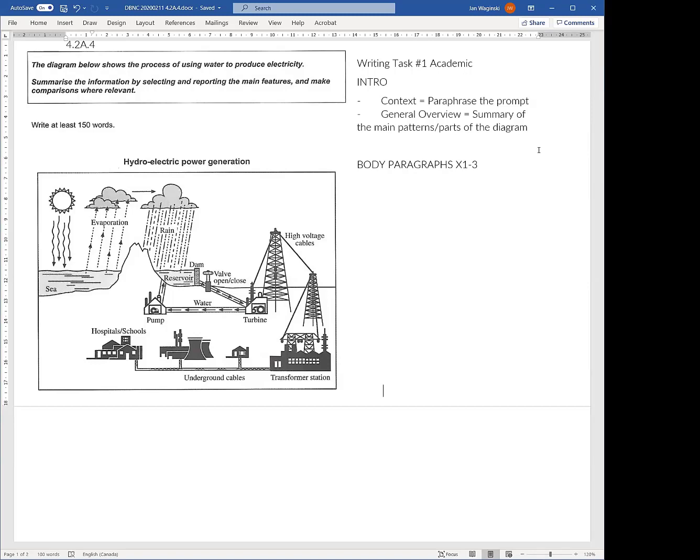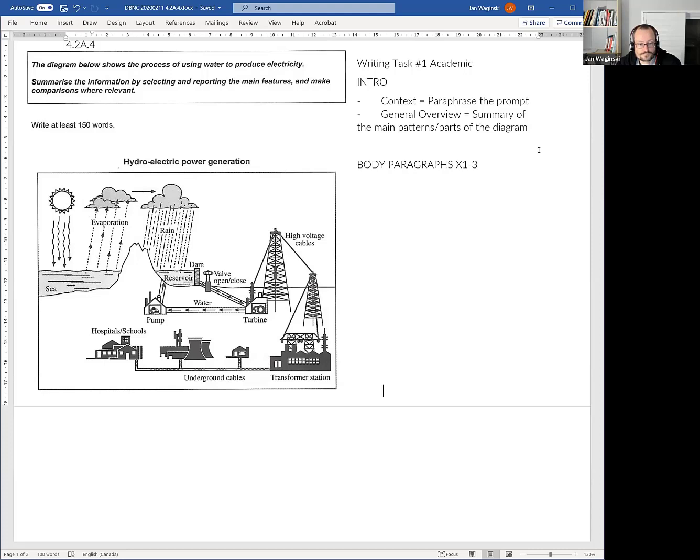You should use this vocabulary. Most of this you're not going to paraphrase. You're going to use the vocab that's here on the page. Okay. Rain goes to reservation and reservoir.